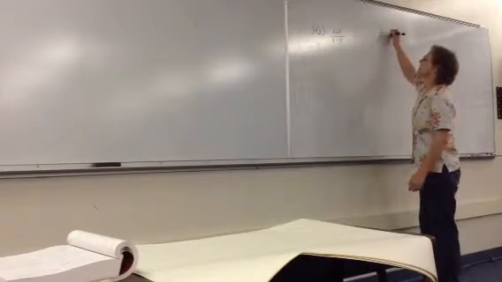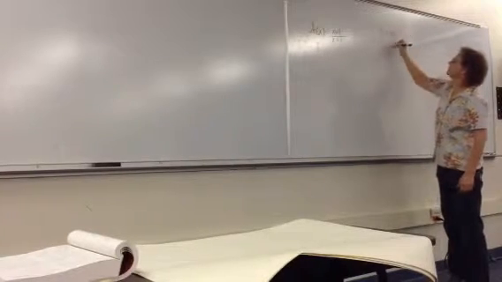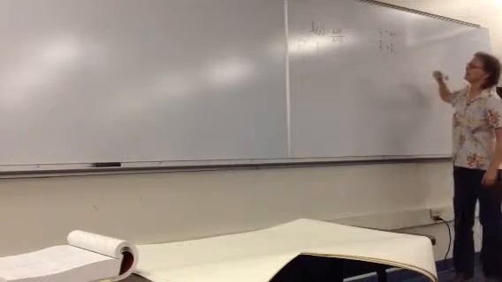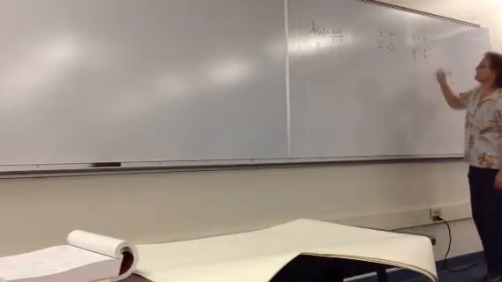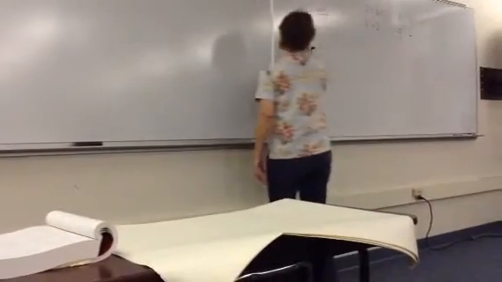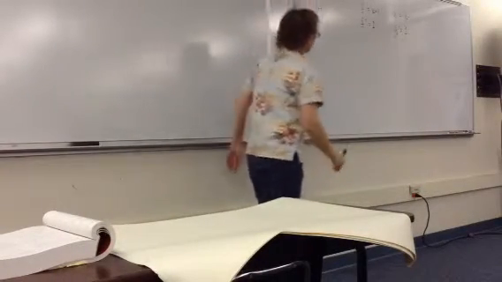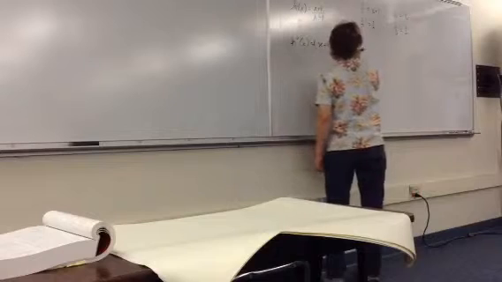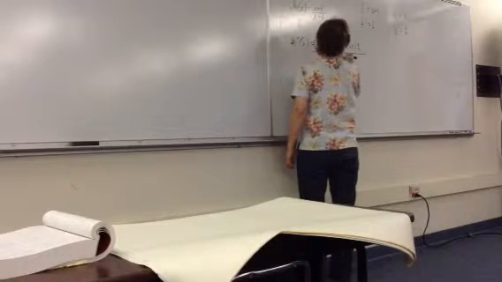Oh, quotient rule, but this is not going to be a horrible quotient rule. Oh, let's do this. So the top piece is x plus 1. The derivative of the top piece is 1. The bottom piece is x minus 1, and the derivative of the bottom piece is also 1, so this should work out very nicely. The derivative is the bottom piece times the derivative of the top piece minus the top piece times the derivative of the bottom piece over the bottom piece squared.